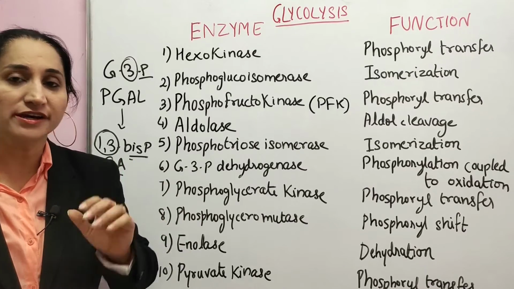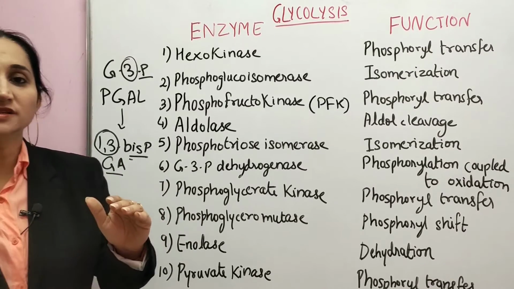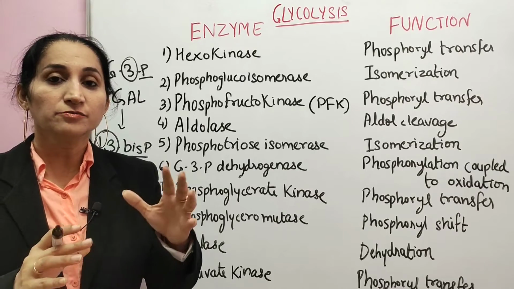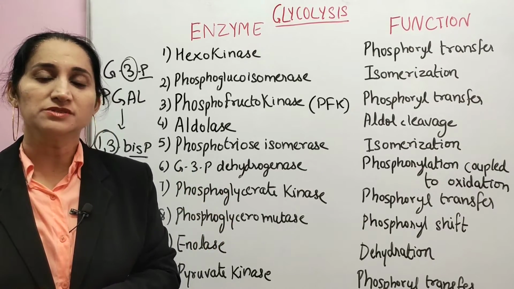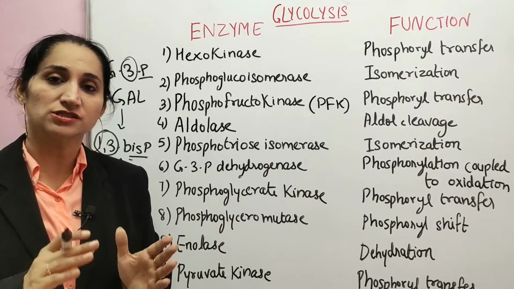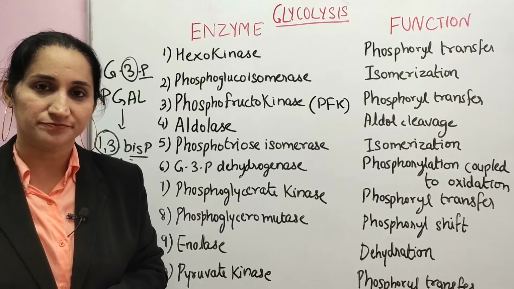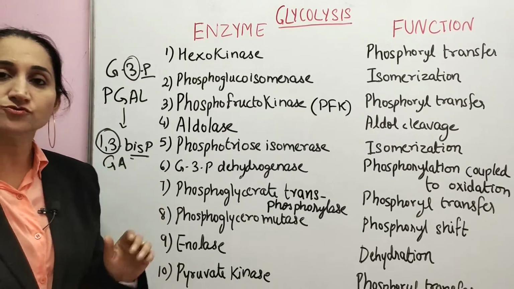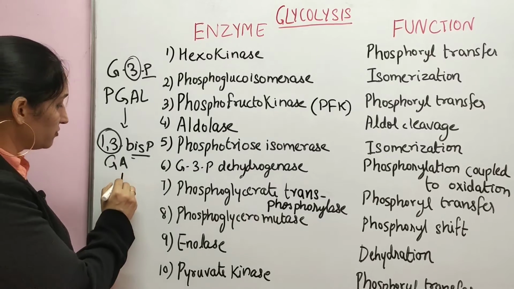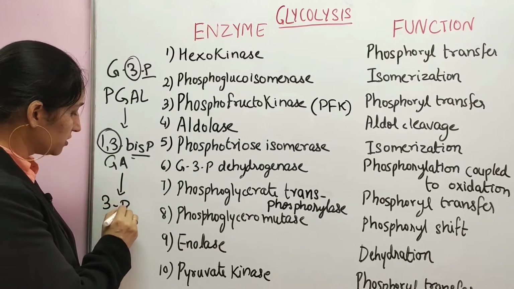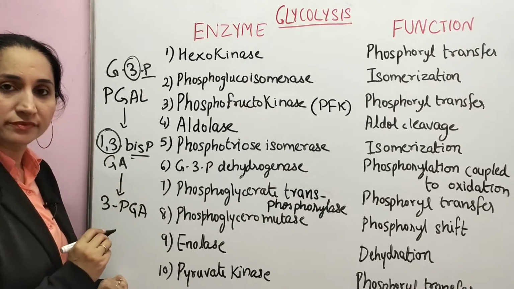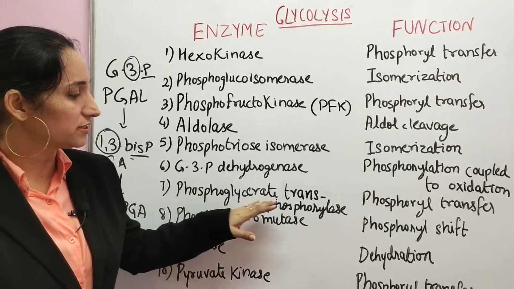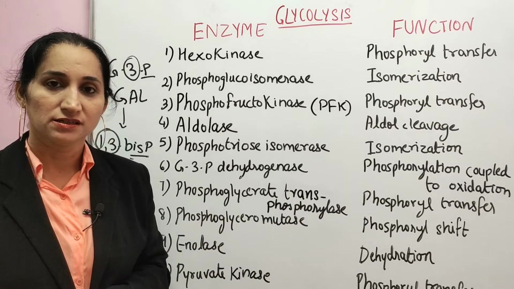So in this reaction, this enzyme catalyzes phosphorylation coupled to oxidation. What is the function of dehydrogenase enzyme? Dehydrogenase enzyme removes hydrogen atoms instead of oxygen in oxidation reduction reactions. In the next reaction, 1,3-bisphosphoglyceric acid is converted into 3-phosphoglyceric acid. The enzyme which catalyzes this reaction is phosphoglycerate transphosphorylase.